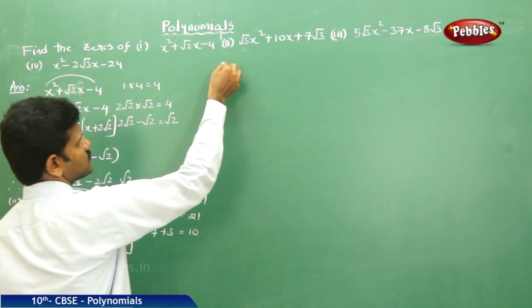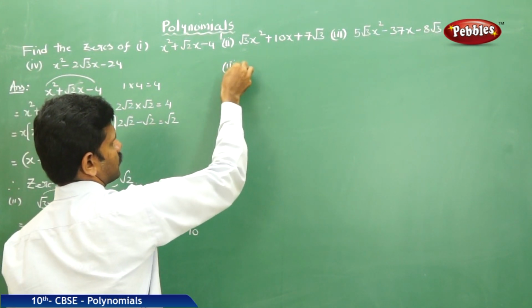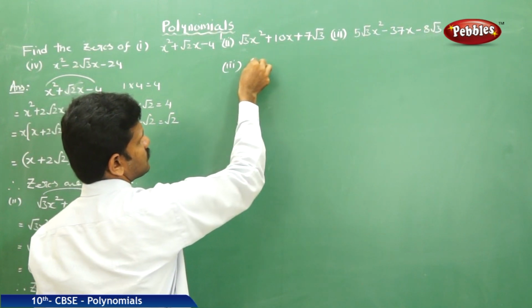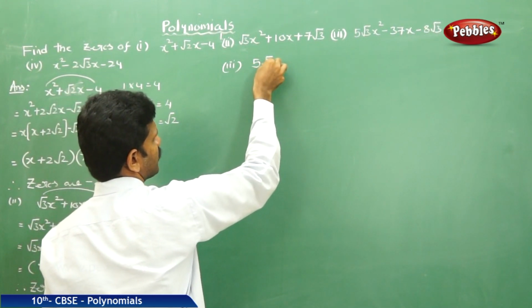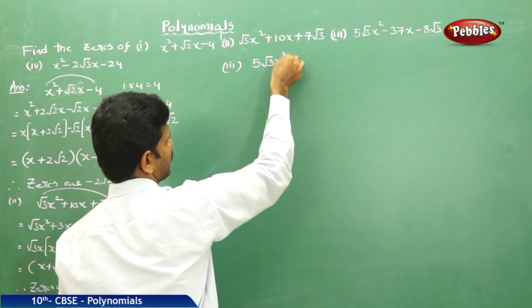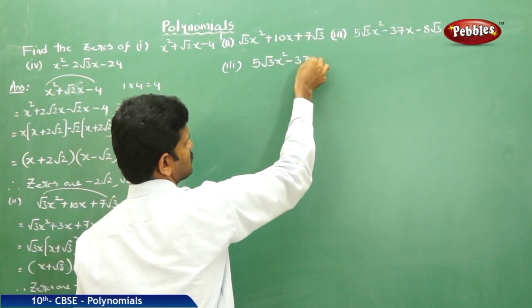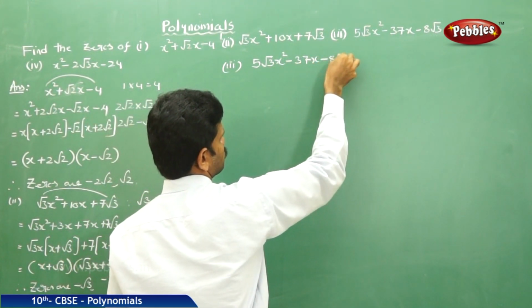Now please come to question number 3, that is 5 root 3 x square minus 37x minus 8 root 3.